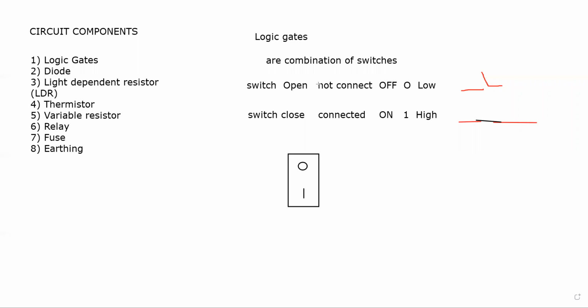Sometimes the same switch can also be used for on and off, and if so, you will find this symbol, like on a power switch or power button.